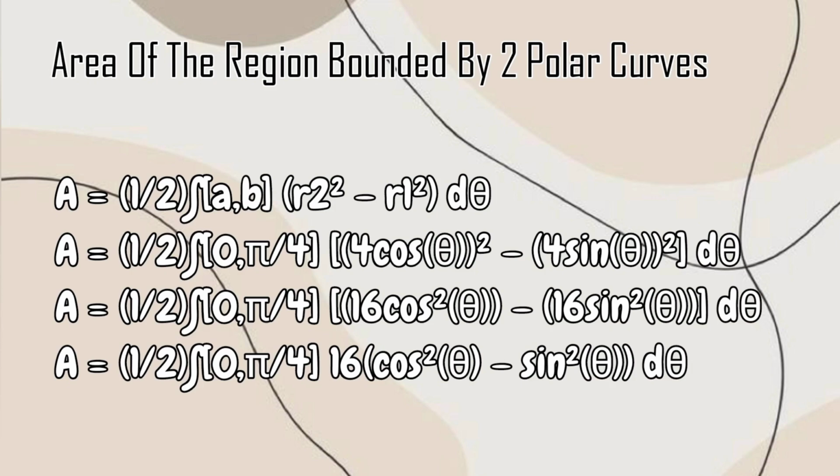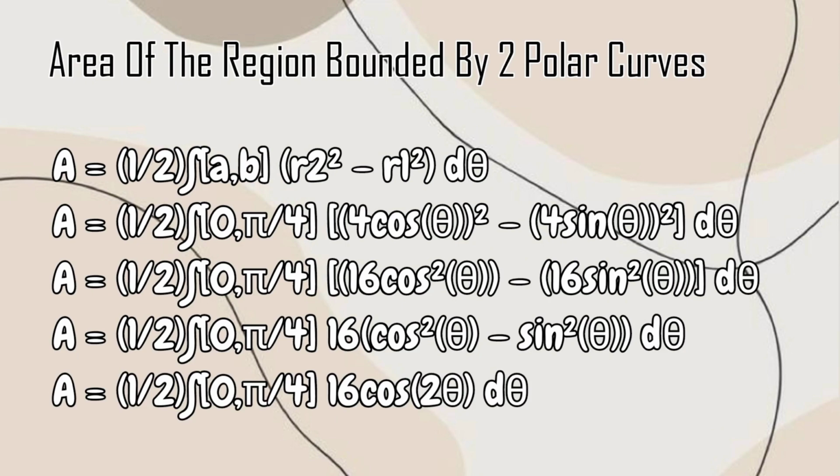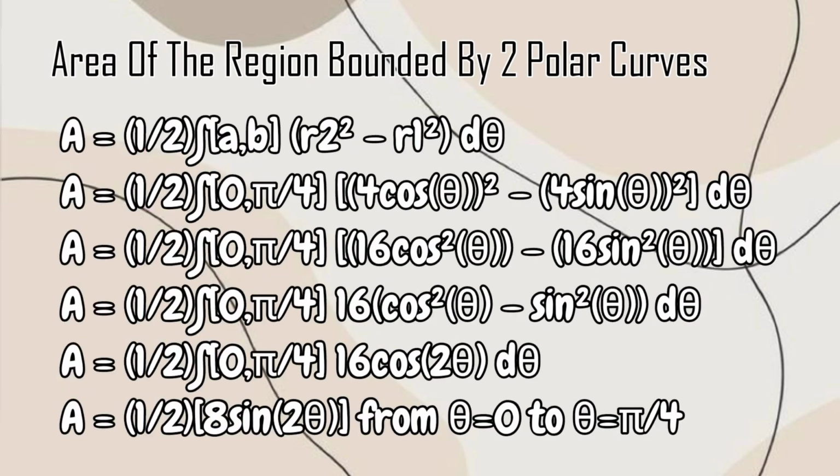Simplify it, so we have 1/2 of the integral from 0 to pi over 4 of 16 cosine of 2 theta d theta, and that would be equal to 1/2 times 8 sine of 2 theta from the angle 0 to angle pi over 4.